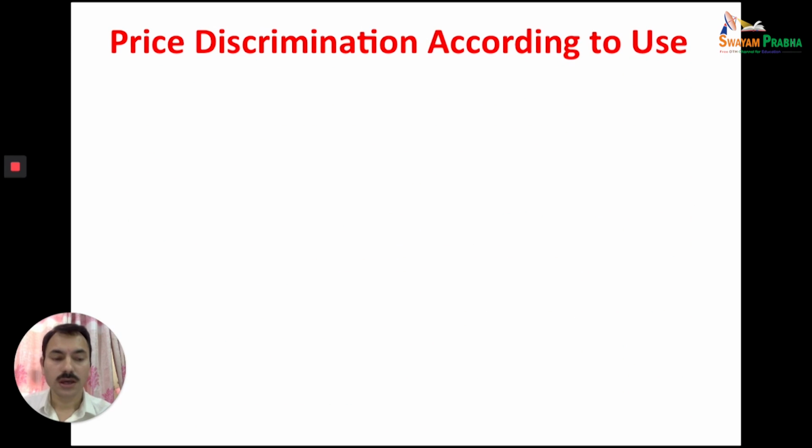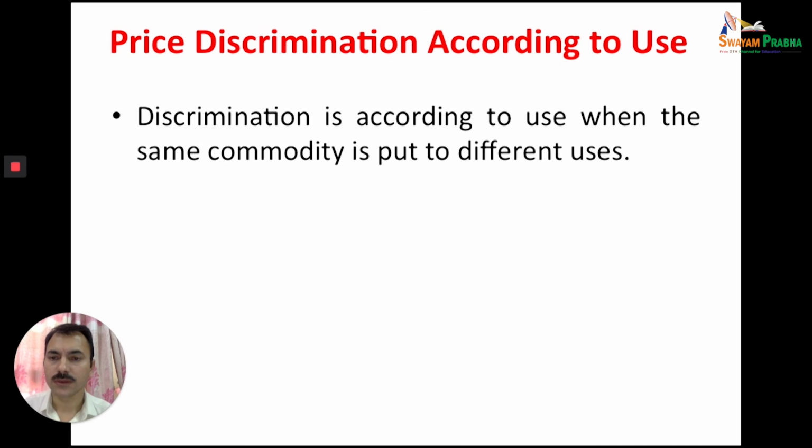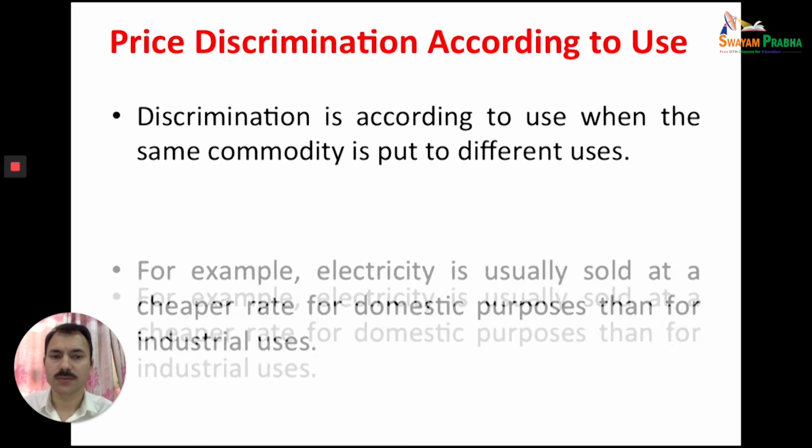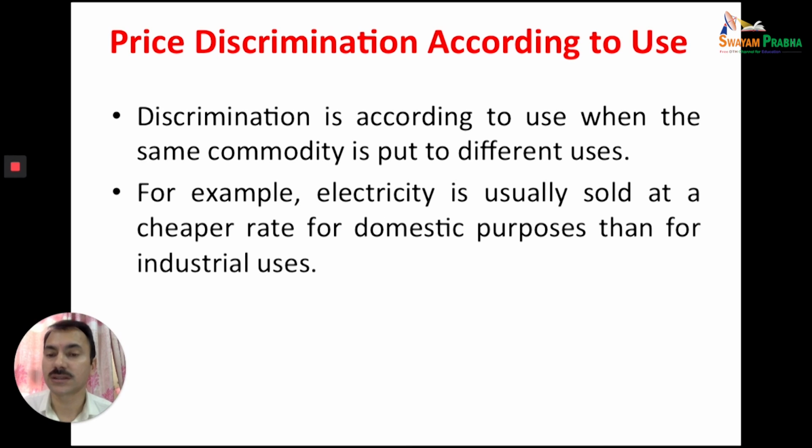Now, price discrimination according to use: when the same commodity is put to different uses, different prices will be charged. For example, electricity is usually sold at a cheaper rate for domestic purposes but at a higher rate for industrial uses. The same unit of electricity will be charged higher in case of industrial use as compared to domestic.